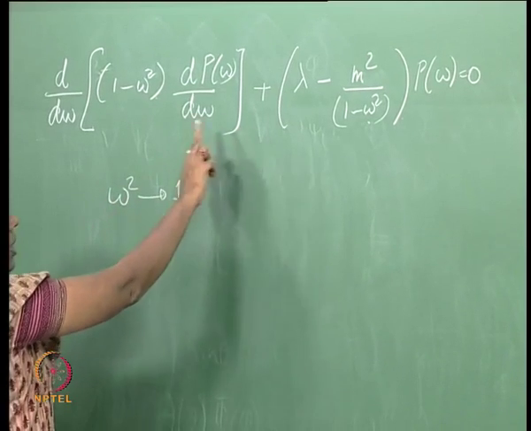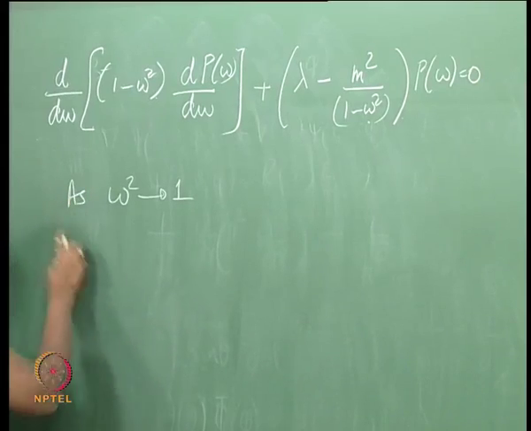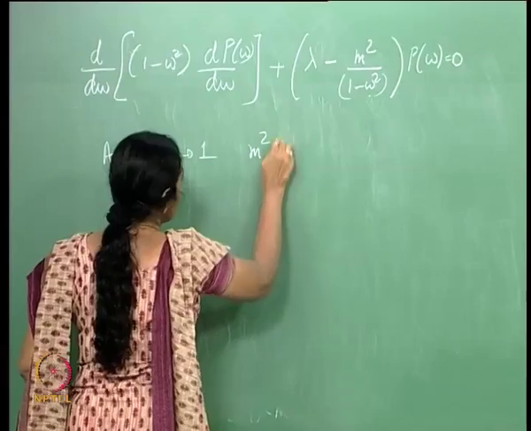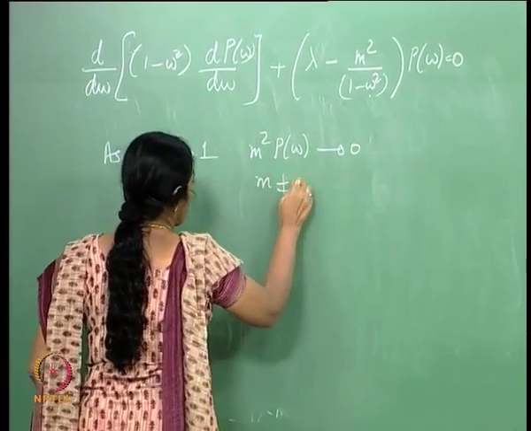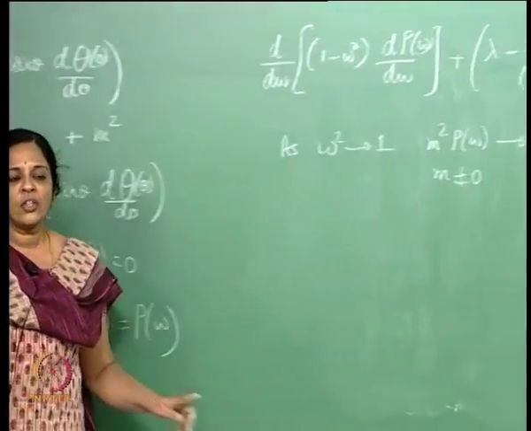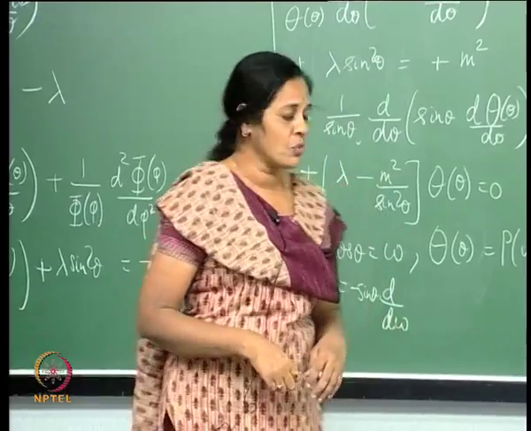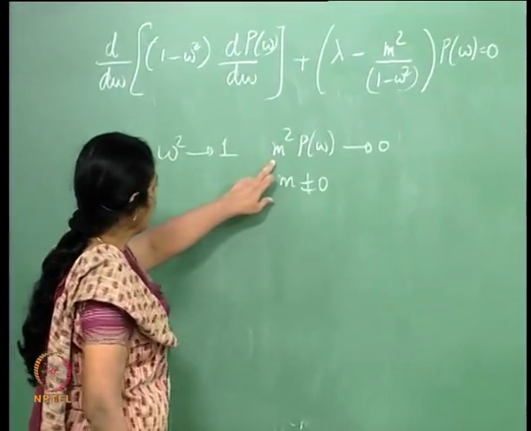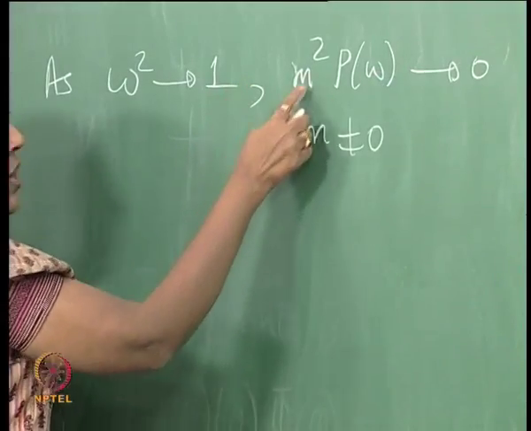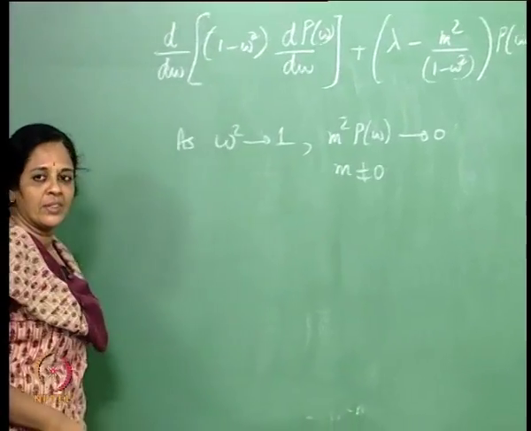So, if things have to be well behaved as W squared goes to 1, m squared P of W should go to 0 for m not equal to 0. Recall that m can take values 0, plus minus 1, plus minus 2 and so on. So, for non-negative m, I require m squared P of W to go to 0 as W squared goes to 1.